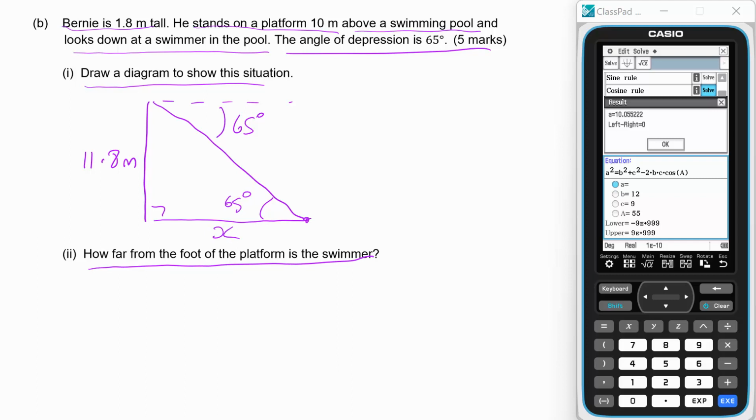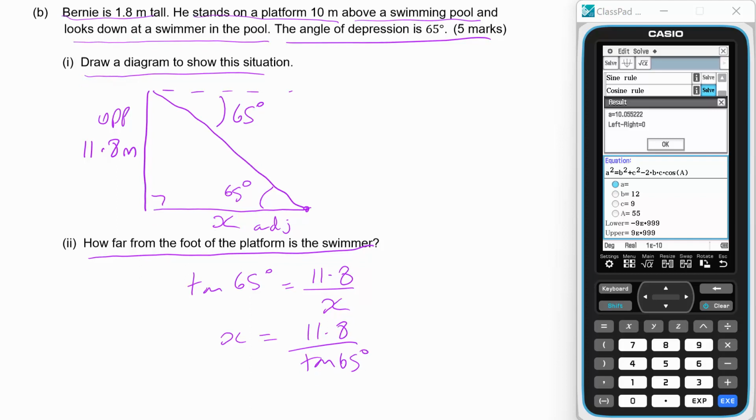Now, if that's 65, we've got over here the opposite, and here we've got the adjacent, which means we're using tan. Tan 65 degrees is equal to the opposite, which is 11.8, divided by the adjacent, which is x. And you know that these swap, so we've got 11.8 over tan 65.